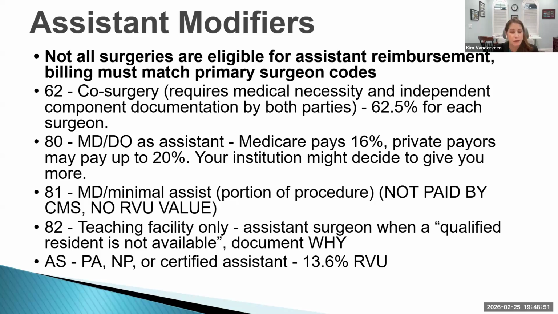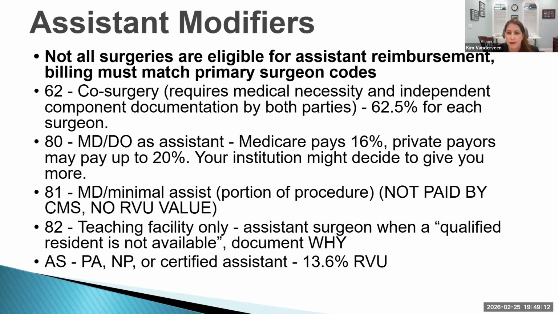You can have a resident present for the case and learn from the case, but you then need to document why you had somebody else serving the role as first assistant or why that resident wasn't qualified for that role. And that's not a big deal. It just has to be in your documentation.